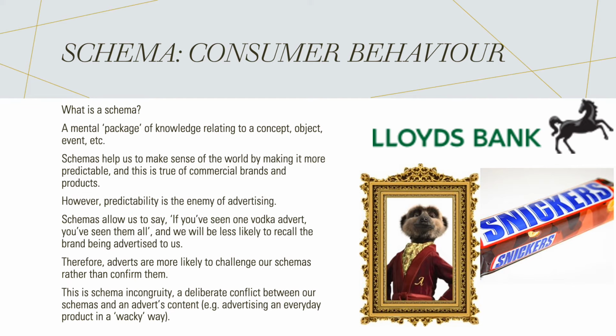And if I ever think, oh, I need a comparison website, straight away Compare the Meerkat comes into my mind. Lloyd's Bank, I feel like all their adverts are the same. It always has that black horse. So every time I see a black horse, I will think of Lloyd's Bank, and this relates to something else that I'm going to talk to you about.